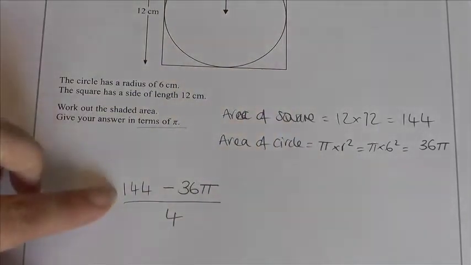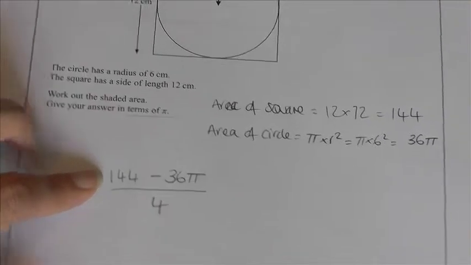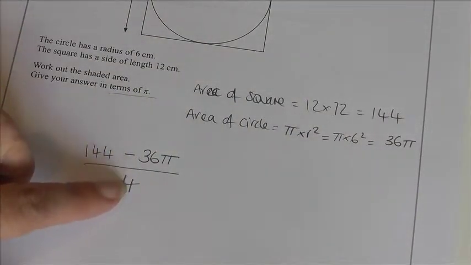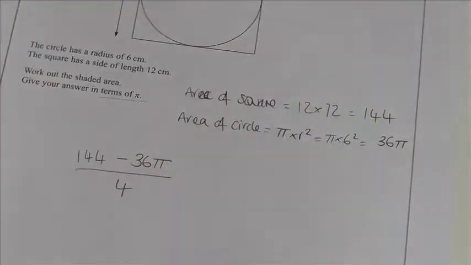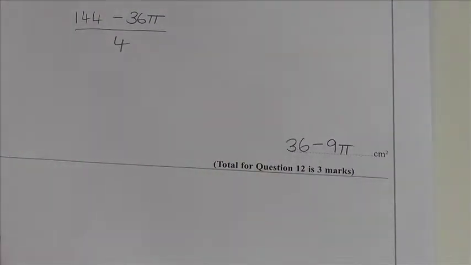If I divide 144 by 4, half of 144 is 72, halve it again is 36, and 36 divided by 4 is 9, so your answer is going to be 36 minus 9 pi.